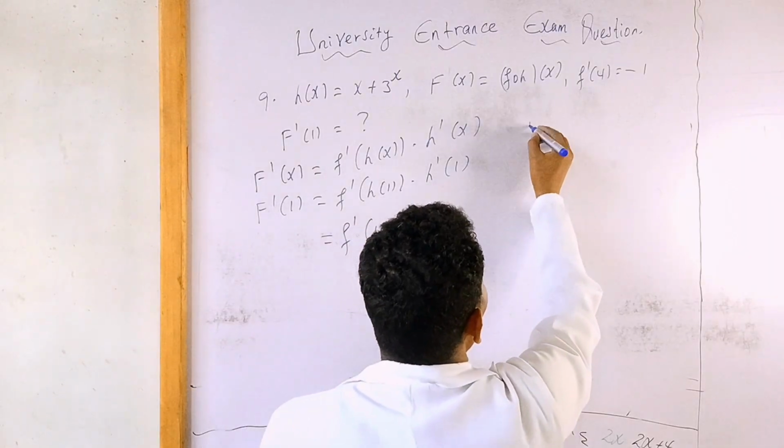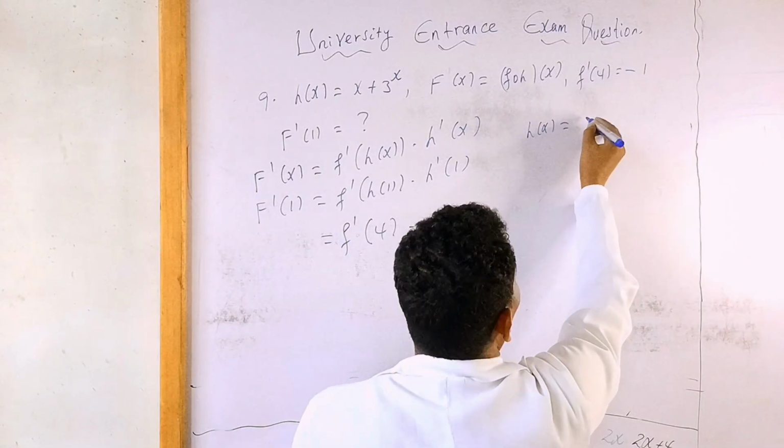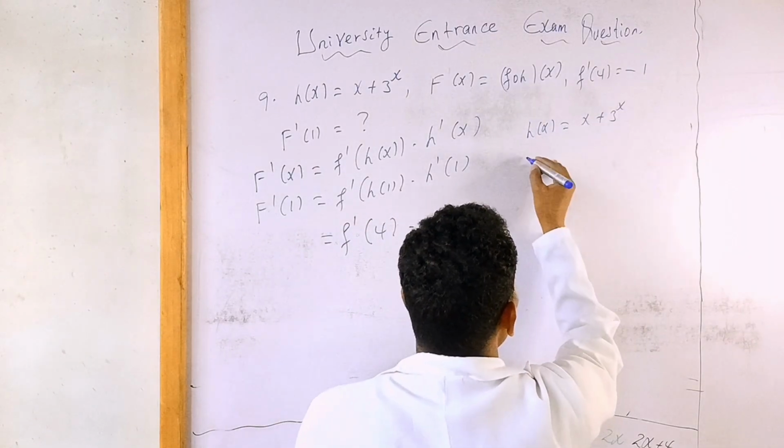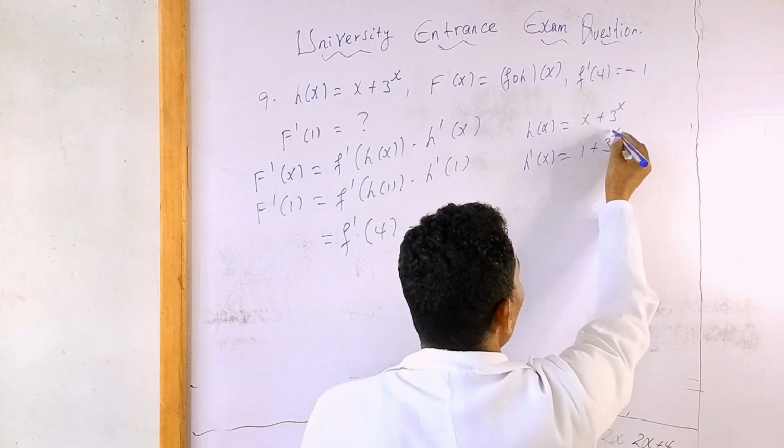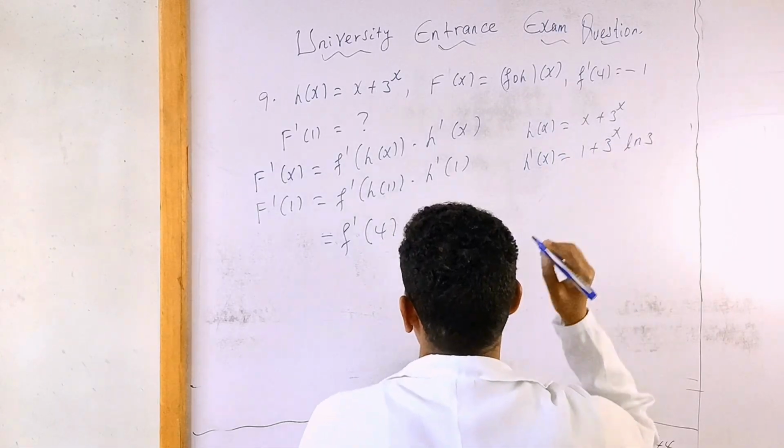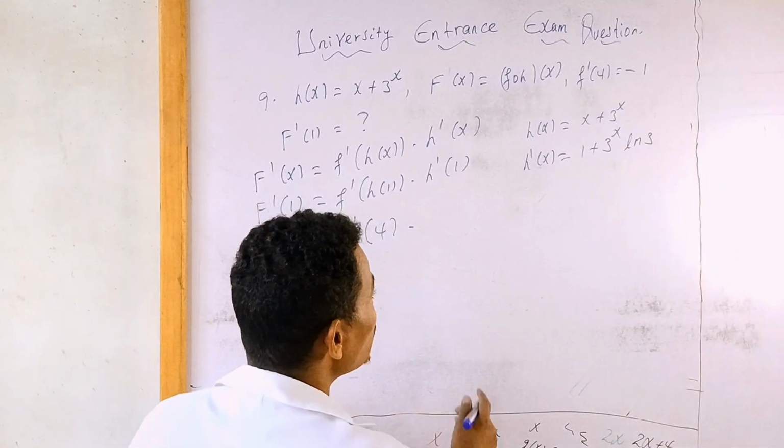Since h of x is x plus 3 to the power of x, h derivative at x is equal to 1 plus 3 to the power of x ln 3 ይሆናል። So h derivative at 1 ደግሞ ምንድነው የሚሆነው?